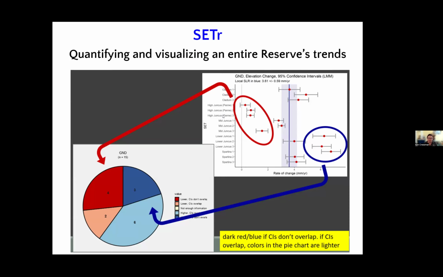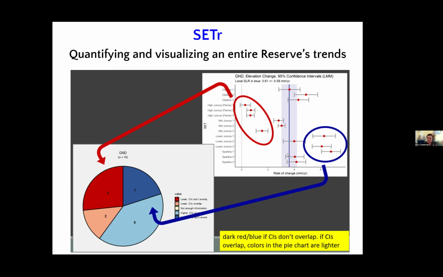We can also summarize the data within a reserve in a variety of ways. The graph on the upper right is one that we fondly call the Star Wars graph because those bars look like TIE fighters. But what you're seeing is each of those dots and whiskers represents a single surface elevation table at a reserve. The red dot is the estimate, and those whiskers around it are the confidence interval for how much that set is changing.